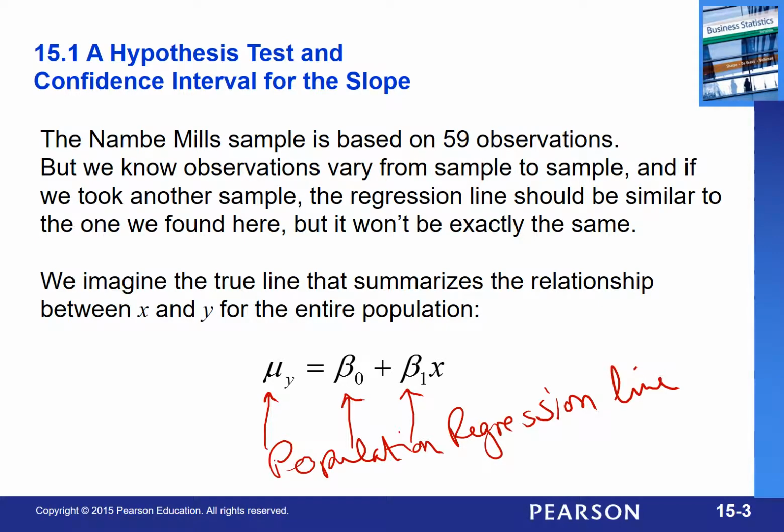So this is like the master line that all lines should approximate well. Be thinking of this as the population regression line. And since we have these three new population parameters, we can try to estimate all of them. That's what inference for regression is going to be all about.